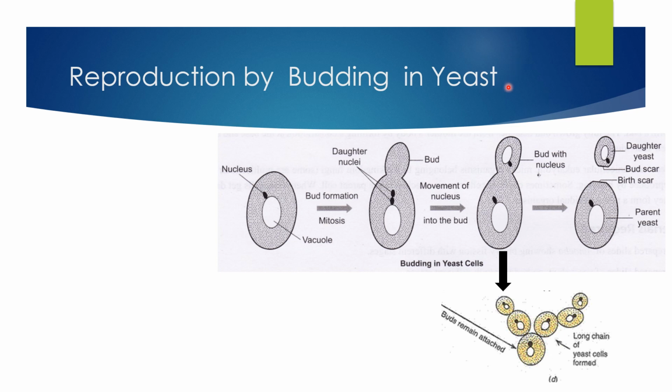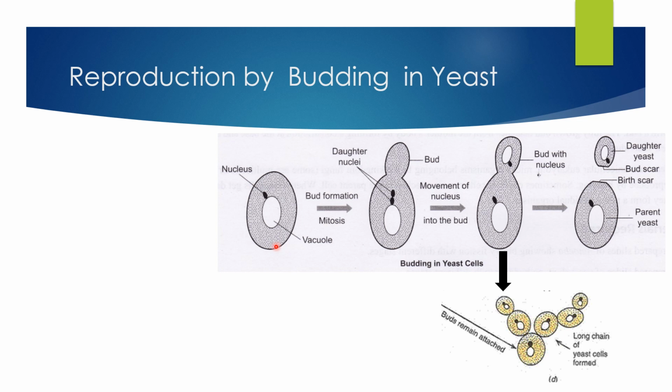Okay, now what is the process? Yeast is a unicellular organism, that means only one cell is present. So this is the nucleus, this is the vacuole, and this is the cell membrane.